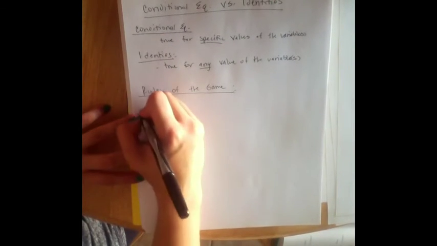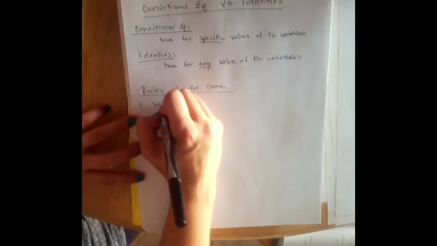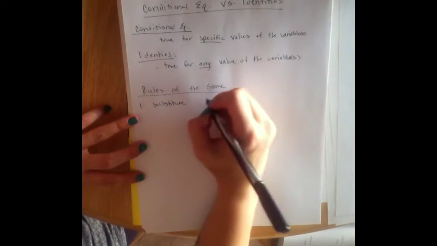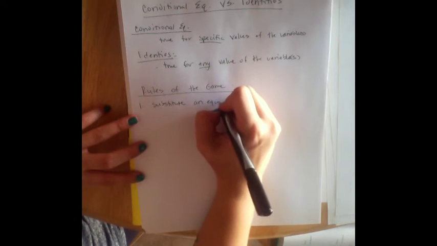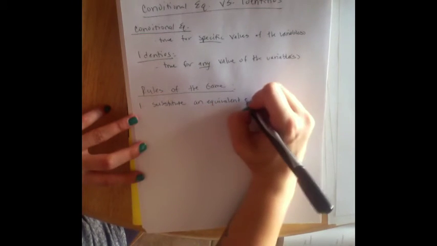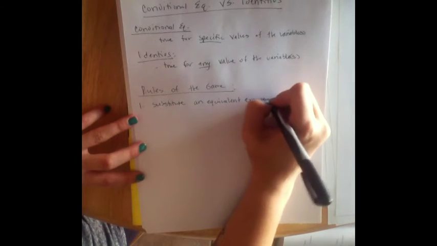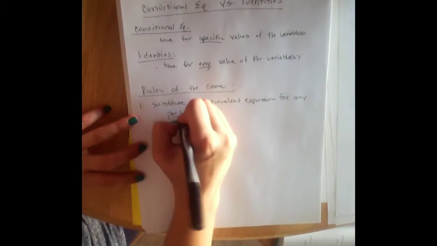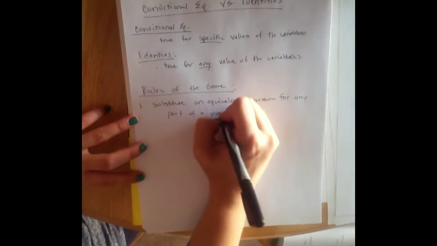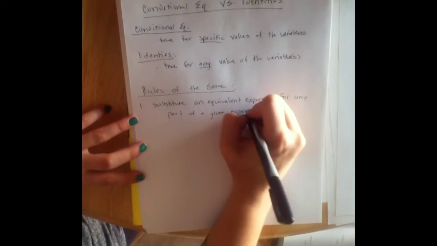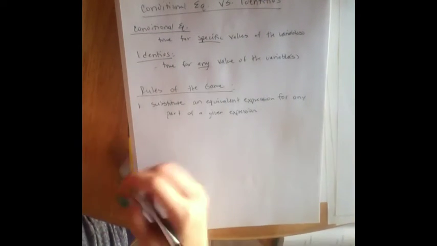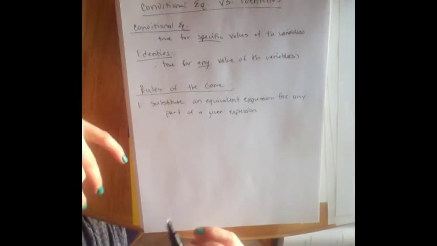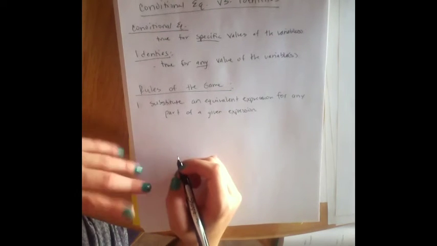One, we are going to substitute an equivalent expression for any part of a given expression. Meaning that if I was to say x equals 2 and I had an equation with x in it, I can plug 2 into anywhere in my equation that has an x.